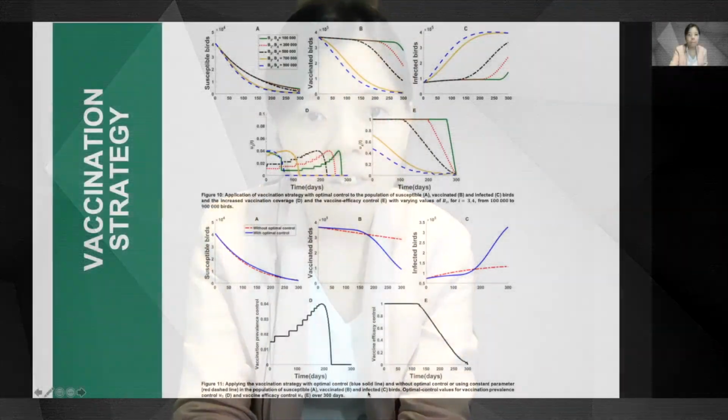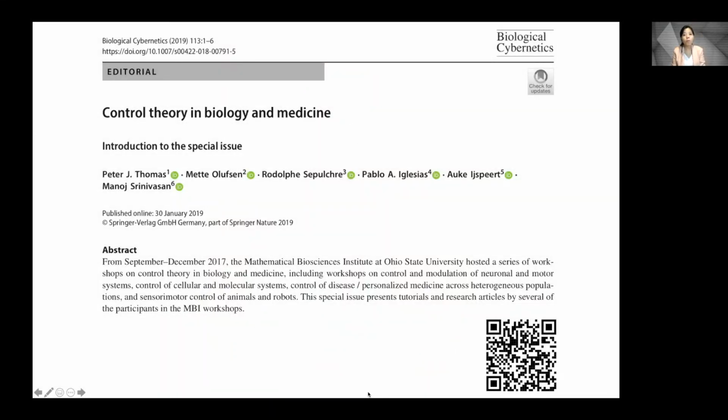This also changes the control functions and the population generated for susceptible, infected, and vaccinated. This approach can also be applied in biology and medicine. For example, control and modulation of neural and motor systems, control of cellular and molecular systems, and control of diseases or personalized medicine.